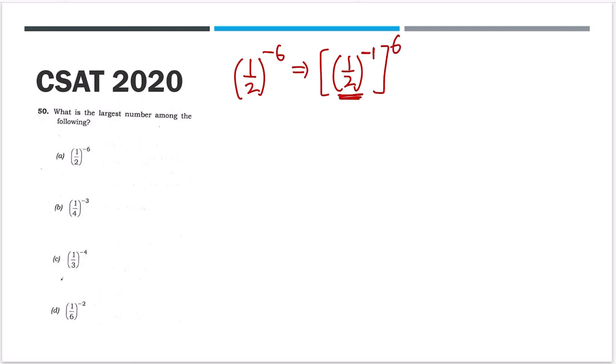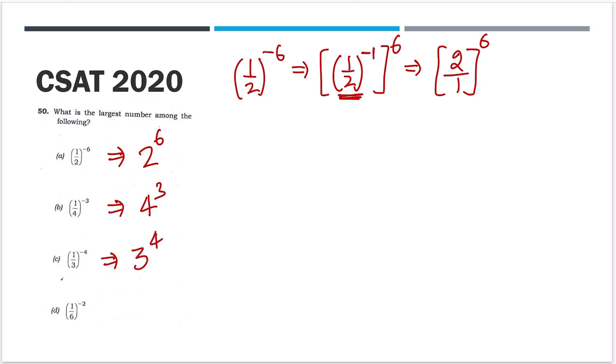What does the minus power of a number do? It reciprocates, means it changes the numerator to denominator and denominator to numerator. So 1 by 2 will become 2 by 1 raised to power 6, right? So in this first case, it will become 2 raised to power 6. In this case, this will become 4 raised to power 3. In this case, it will become 3 raised to power 4. In this case, it will become 6 raised to power 2. I hope this part is clear.